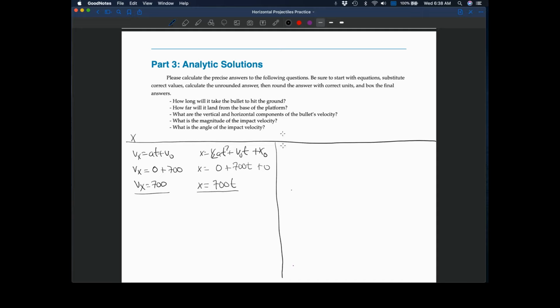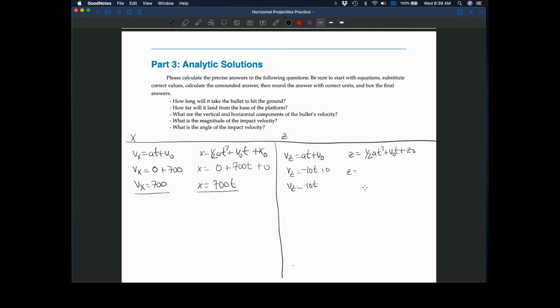Now moving on to the z, Vz equals at plus v0. It is accelerating in the vertical direction, so we have minus 10t, and the initial velocity in the vertical is 0. So we have Vz is minus 10t. Now for z, 1 half at squared plus v0t plus z0.